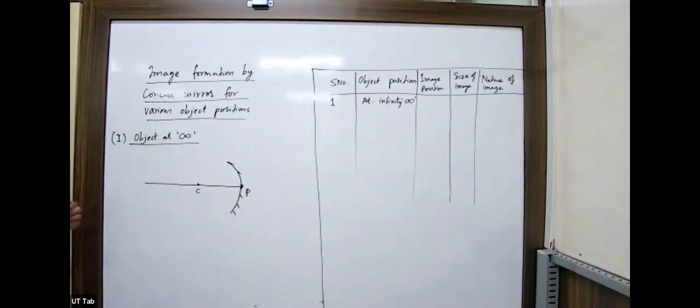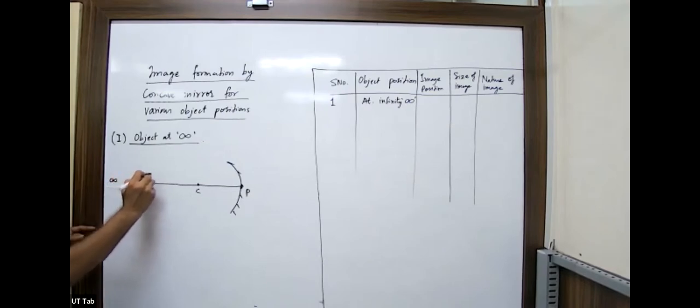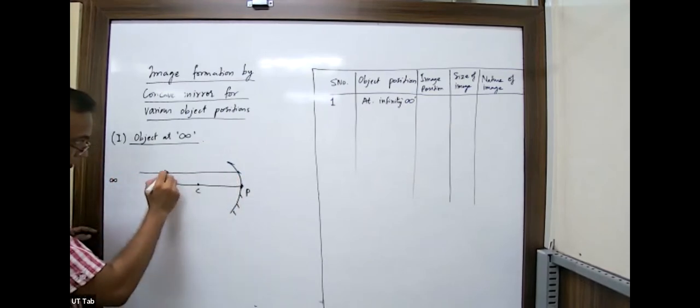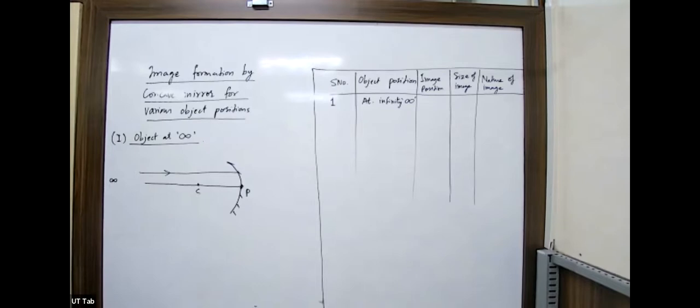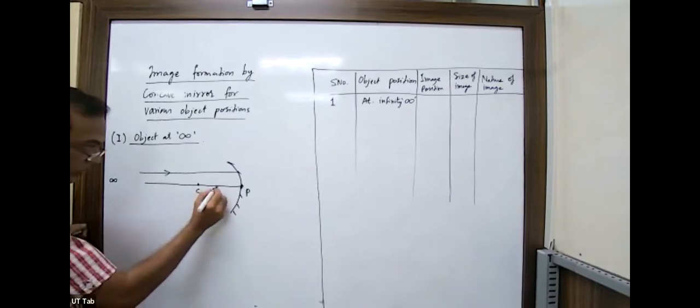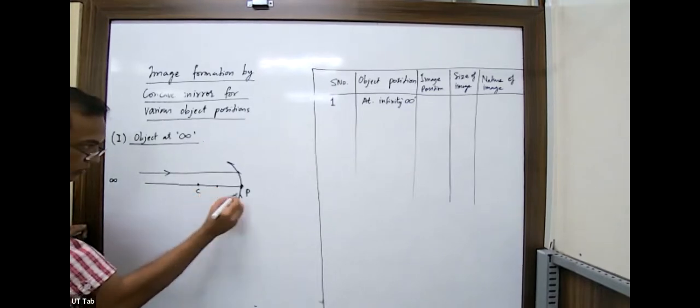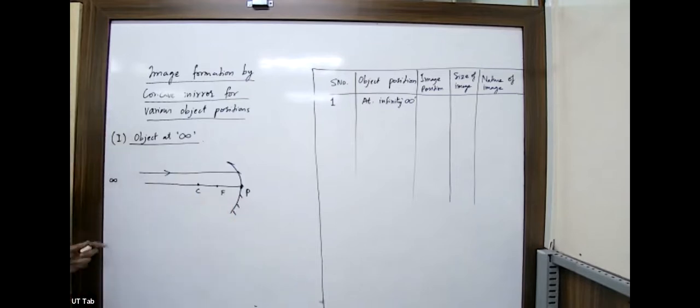Then where is the object? Object is at infinity. So it is very far away. So when the object is very far away, the rays coming from the object will be parallel to the principal axis. We also can mark the midpoint of CP and call it focus.